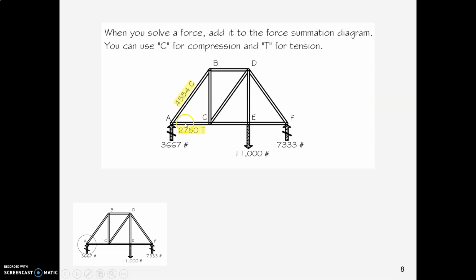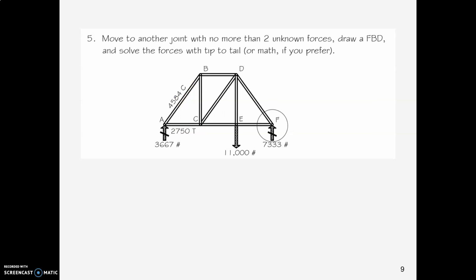I found out how long these forces were, and now I'm adding them on my diagram. And I write T for tension and C for compression, because it's important to keep track of which direction those forces are going. All right, now I'll move on to another joint with no more than two unknowns.